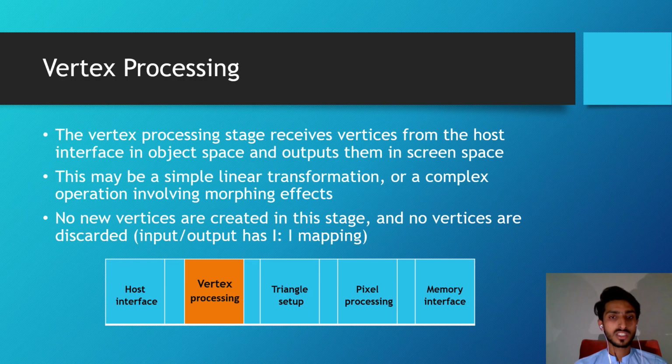Now we see vertex processing. The vertex processing stage receives vertices from the host interface in object space and outputs them in screen space. This may be a simple linear transform or a complex operation involving morphing effects. No new vertices are created in this stage and no vertices are discarded.